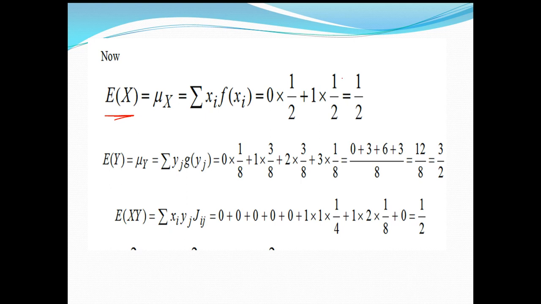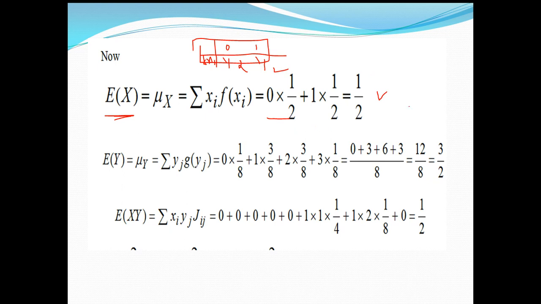Xi is 1, f of xi is 1 by 2 from the x distribution table. Already we got the x distribution table, where x takes the values 0 and 1, and f of x we got as 1 by 2 and 1 by 2. So 0 into 1 by 2 is 0, 1 into 1 by 2 is 1 by 2. So therefore it is 1 by 2.